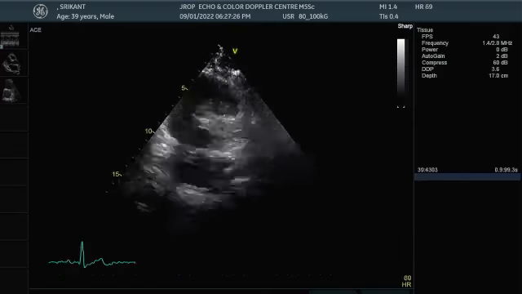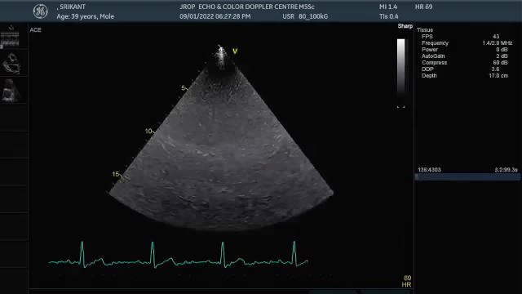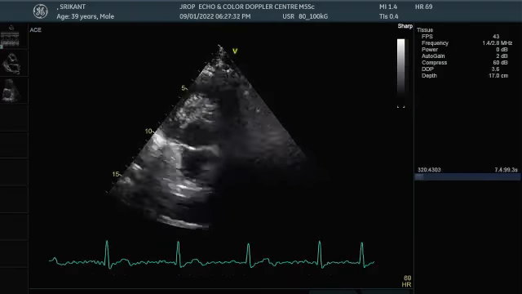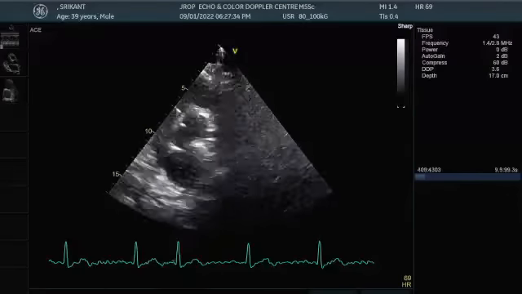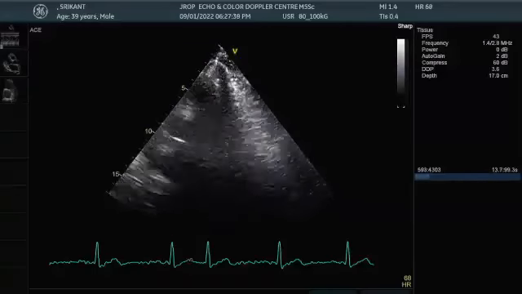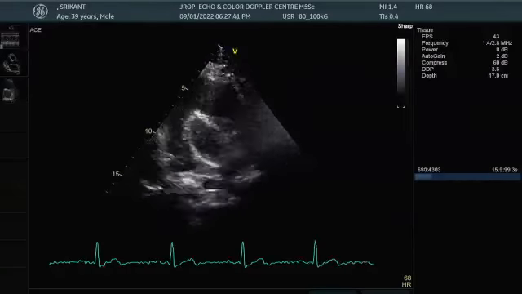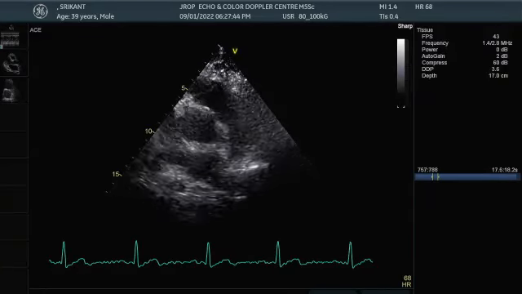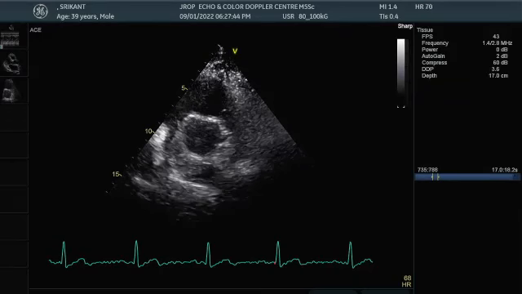At the same time, I can look at the RVOT dimensions. So I'm going to zoom up my image and focus on the pulmonic valve, which is not easily seen in this subject. But I'll try to explain what I mean.